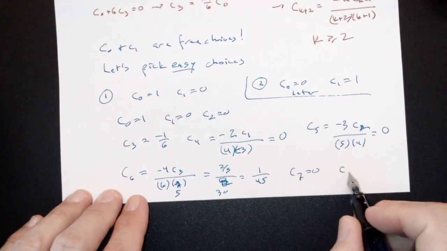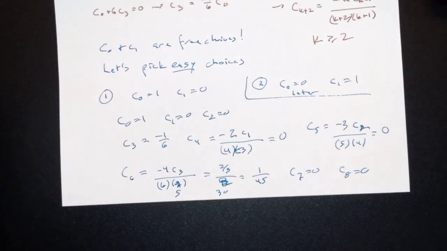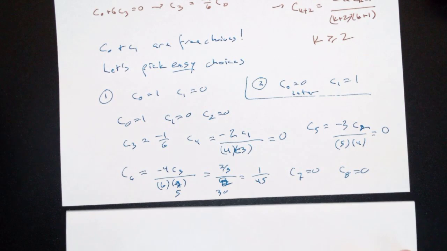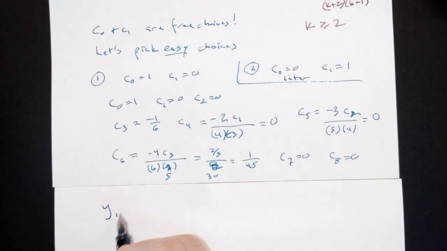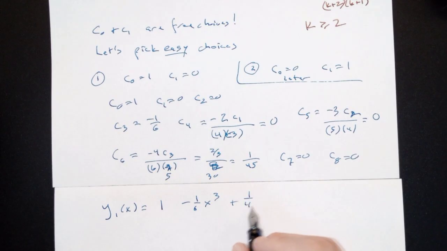And C8 is 0. So if I wanted to, I could start writing and tell you that my first solution is 1 minus 1/6 x cubed plus 1 over 45 x to the 6th. If you wanted to get C9, you could get C9. And if you wanted, you could get C12, and keep going.